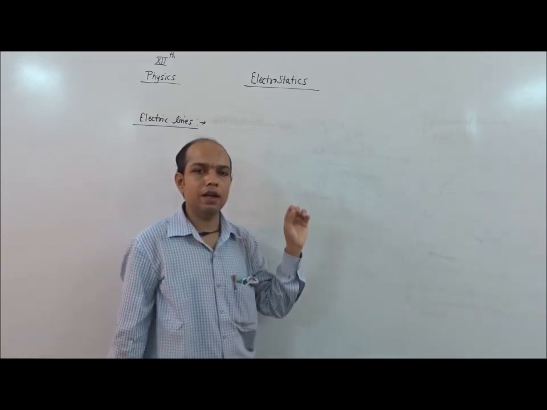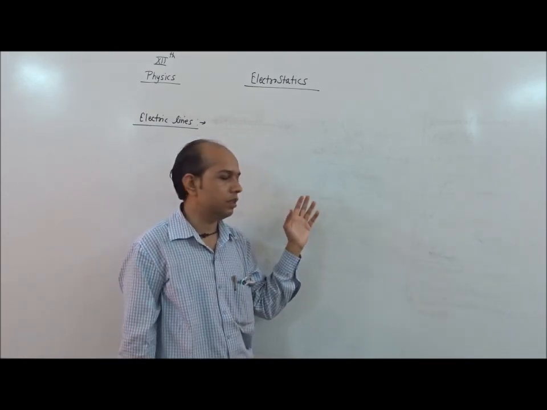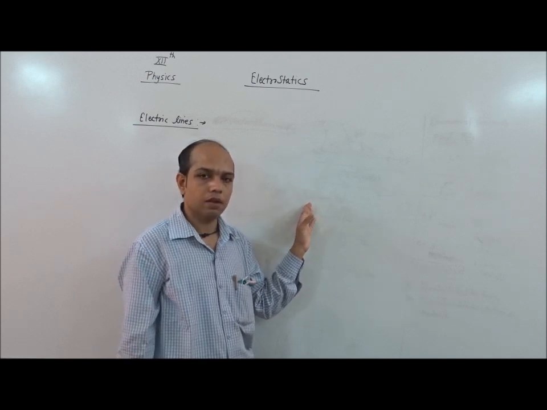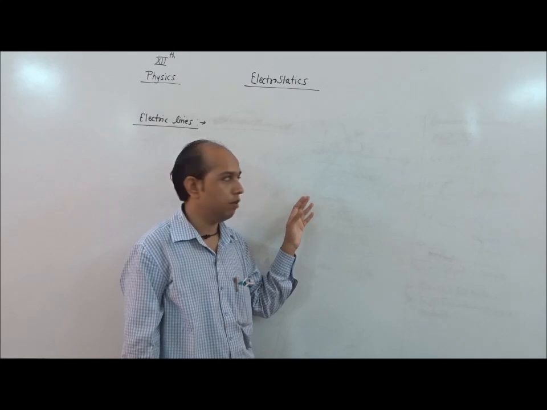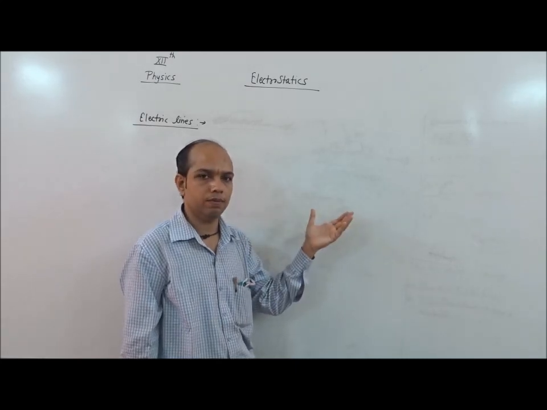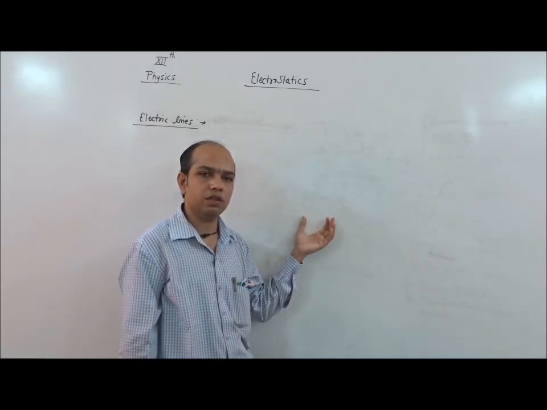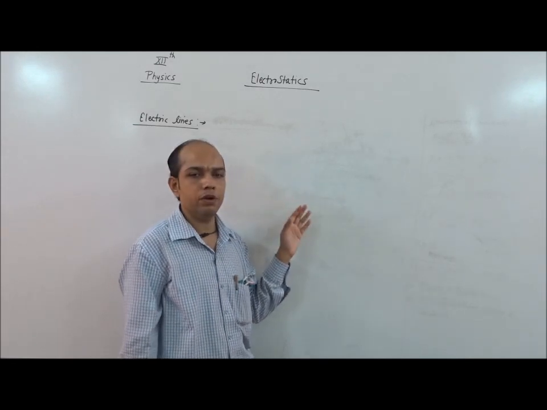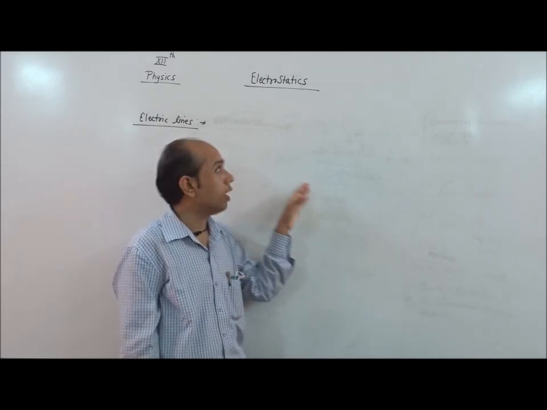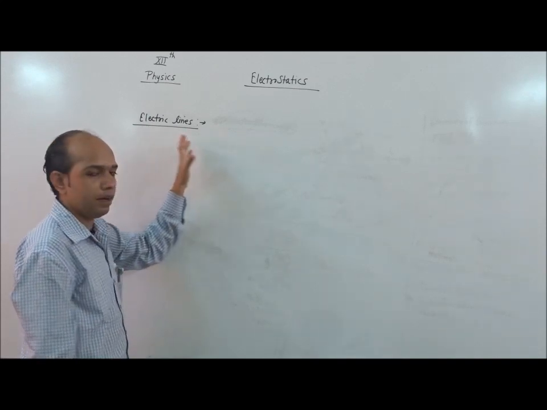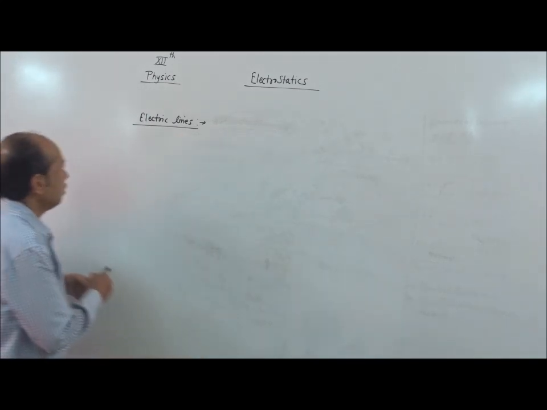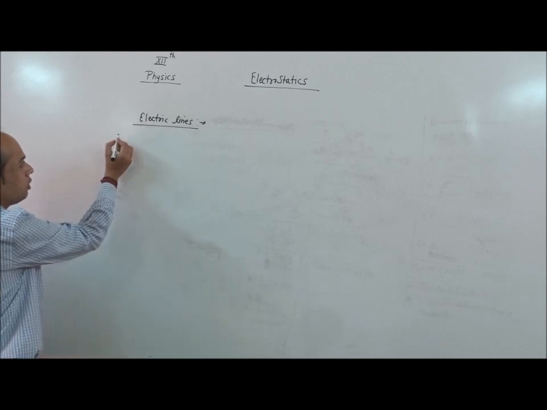So an electric line is an imaginary line along which a test charge or any charge free to move travels. Whenever any charge is free to move, it produces its own path. This path is known as electric lines. Okay. And they have some properties.